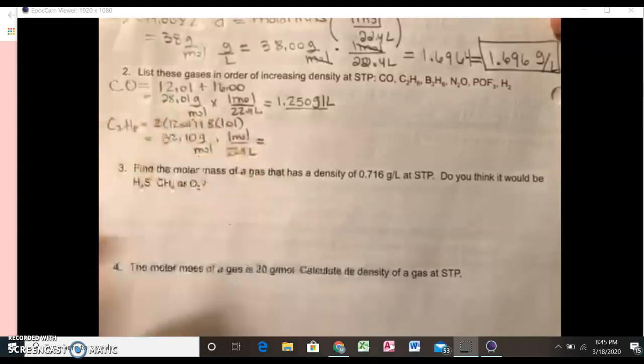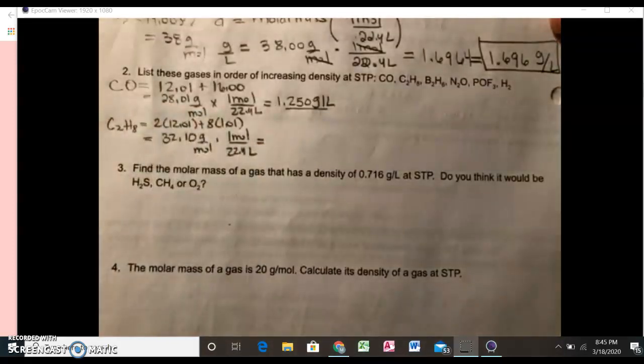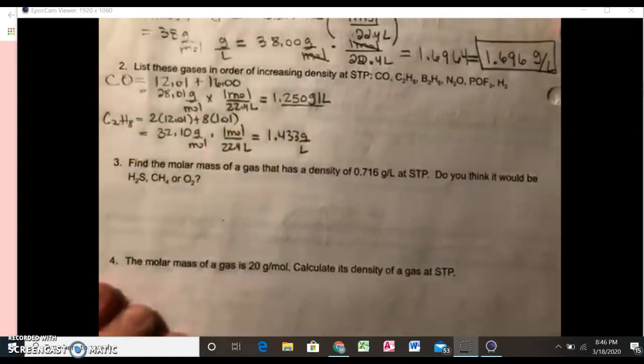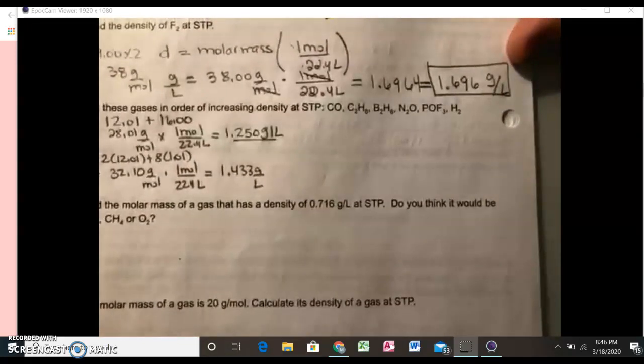Same operation. 1 mole, 22.4 liters. We get 1.433 grams per liter. To continue this, holy man, I don't know if I'm going to have enough room.